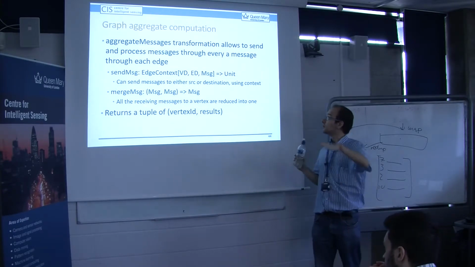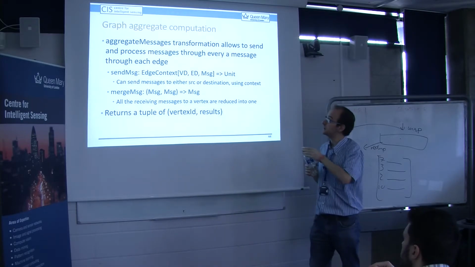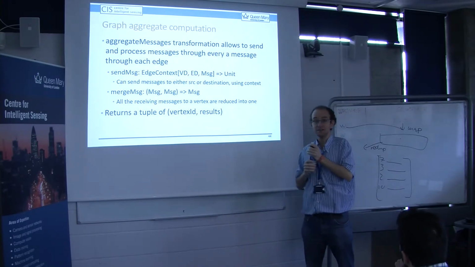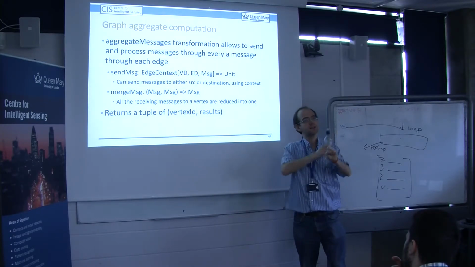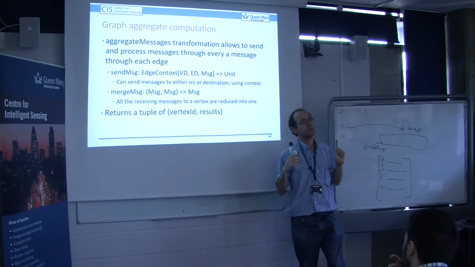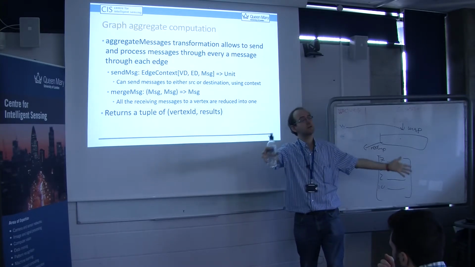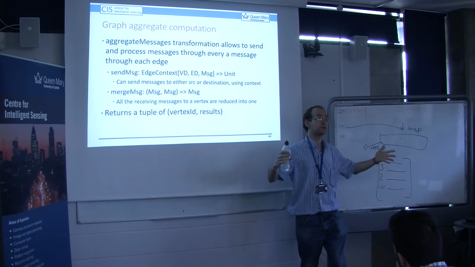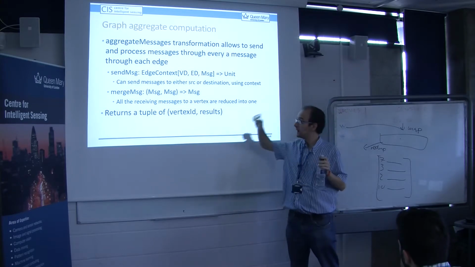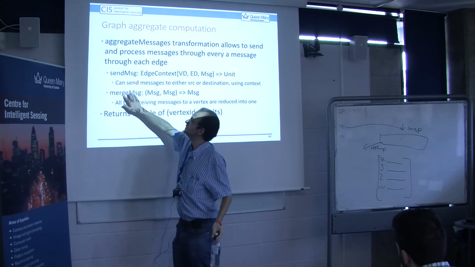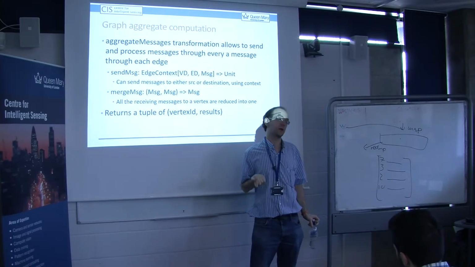The first simple transformation is called Aggregate Messages, and it's basically the equivalent of one iteration of this Pregel idea. It allows us to send a message through each one of the links of our graph, and then merge all those messages into one single result per node of my graph.